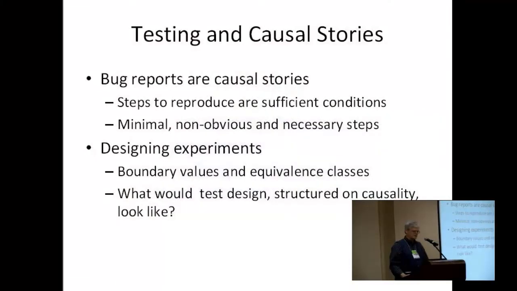I think it'll also help us when we design experiments. I already talked about how boundary value analysis and equivalence classes are good for mathematics, but not so good for causal stories. What I'm really interested in is what it would look like to design tests based on causality.